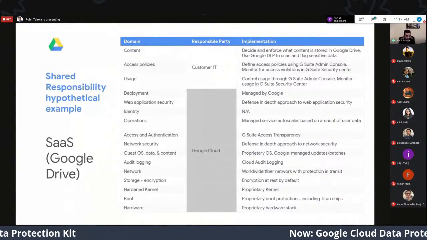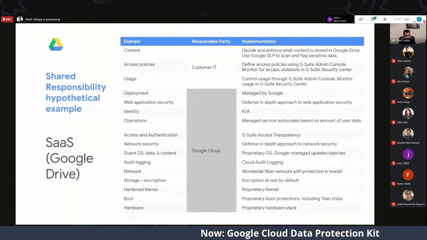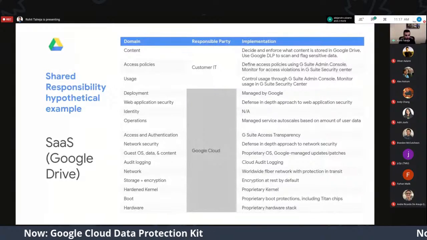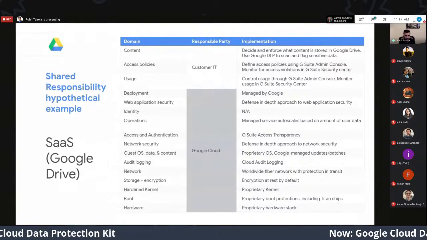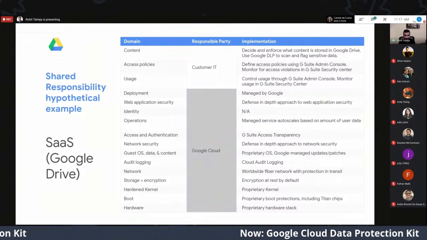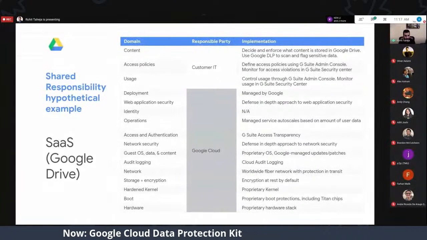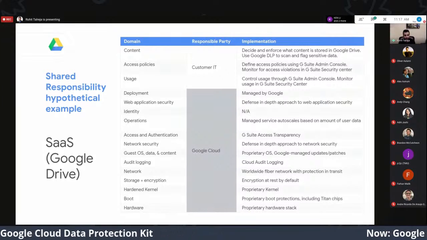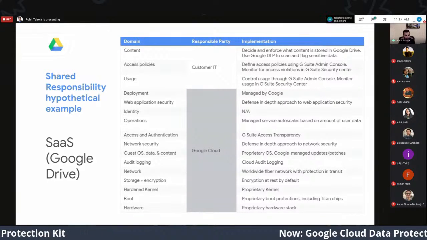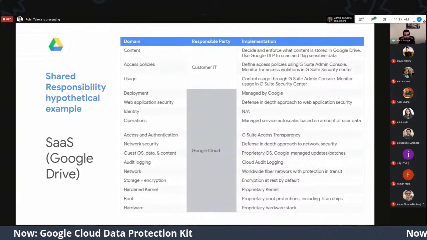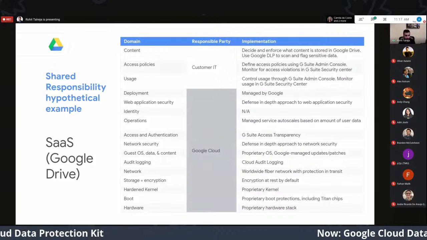And at the far end of the spectrum, Google Drive, the shared responsibility here is fairly minimal on the user side. It's basically just provisioning the users and what they have access to within the organization. And the way this gets employed most often within healthcare organizations is to think about where control is needed versus where control can be abstracted in the interest of simplicity.